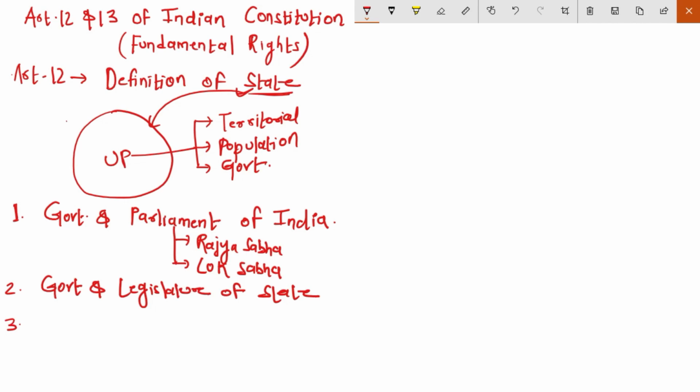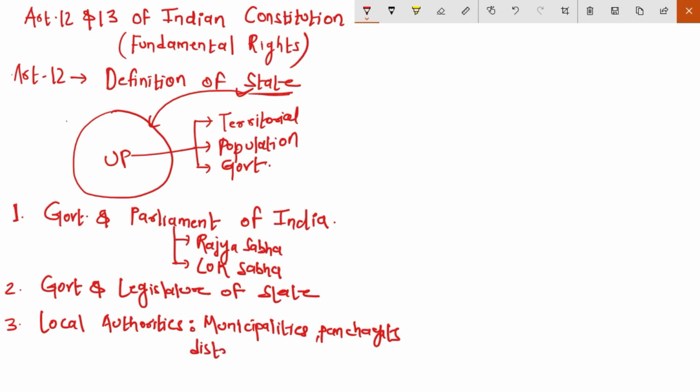Third is all local authorities, like municipalities, panchayats, district boards, etc.